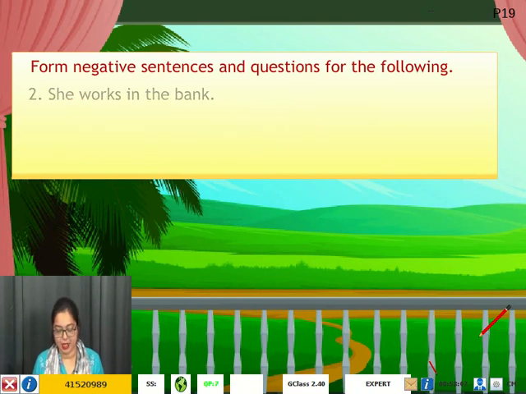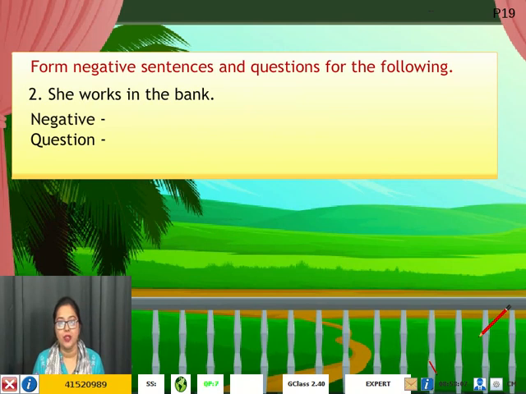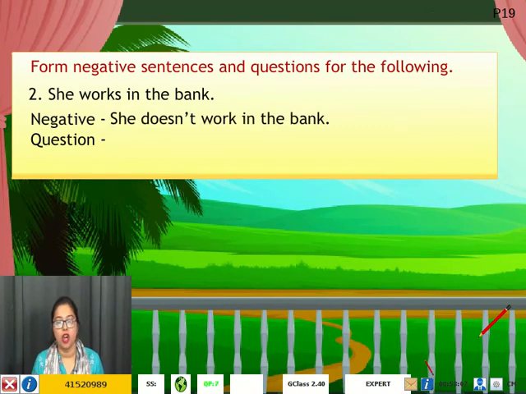Okay. Next, you see what's coming up on the screen. Question number 2 is, she works in the bank. Now this is a positive sentence, and what you are to do is change the positive sentence into a negative sentence and into a question form. So how will you change it? She works in the bank. She does not work in the bank.